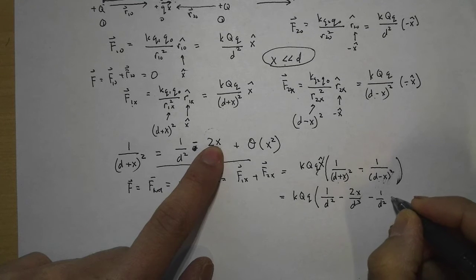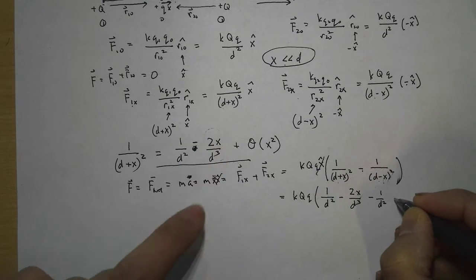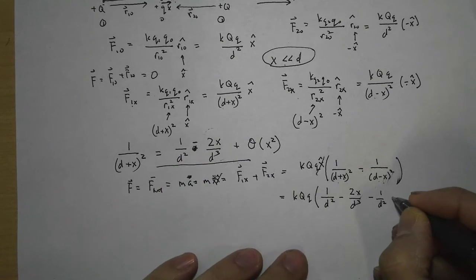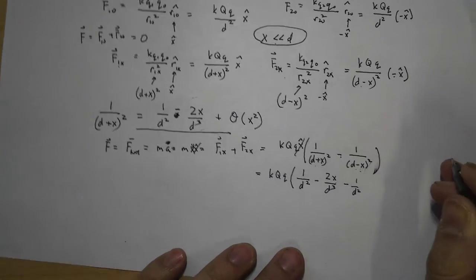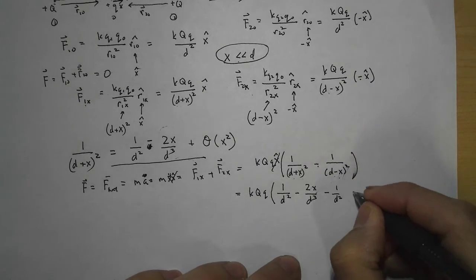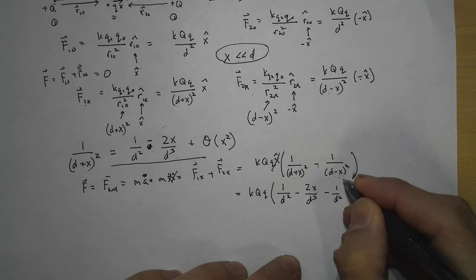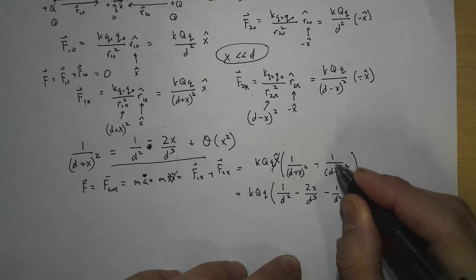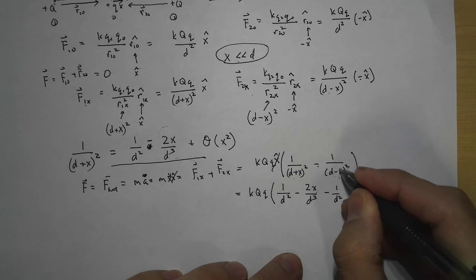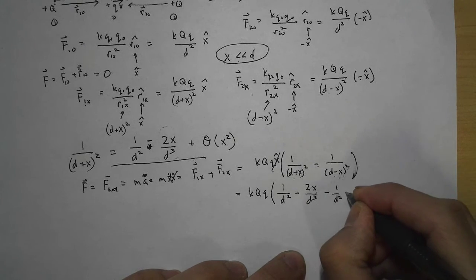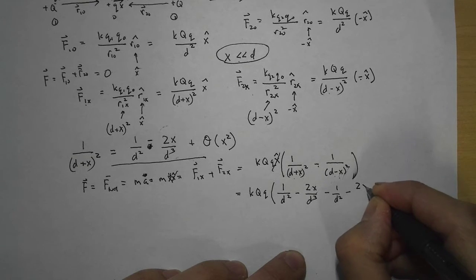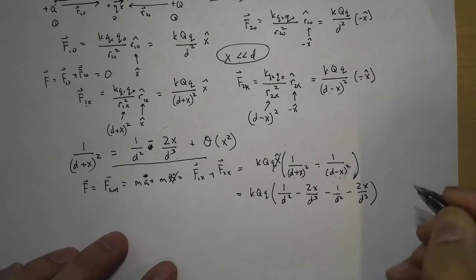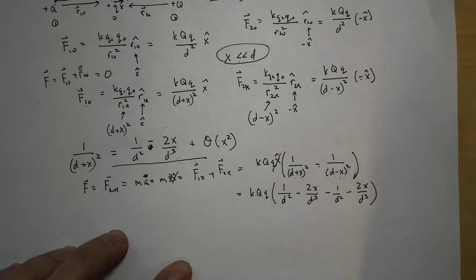And this one, the minus will come out, so it'll be a minus, a minus, a minus, so it's your overall minus sign, minus 2x over d cubed. And plus higher order terms, which I'm going to drop now.